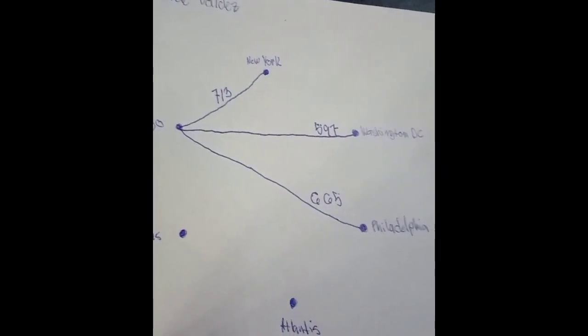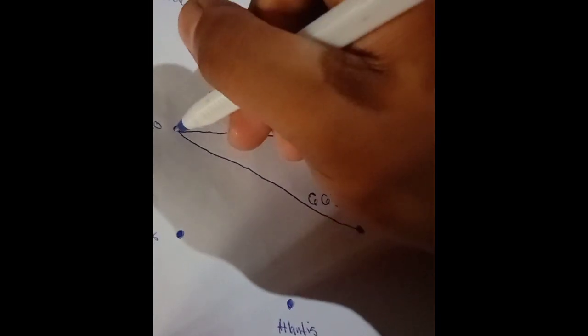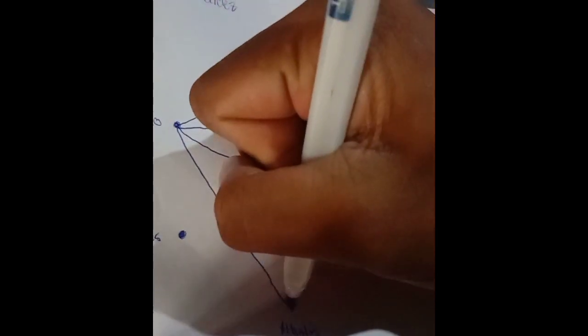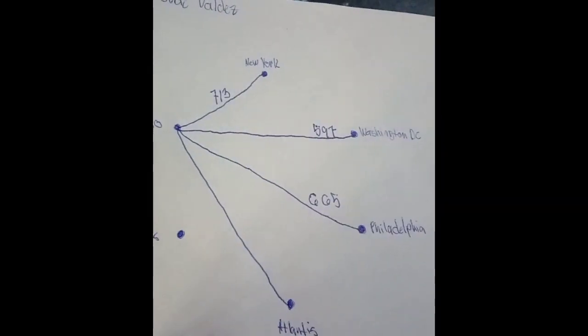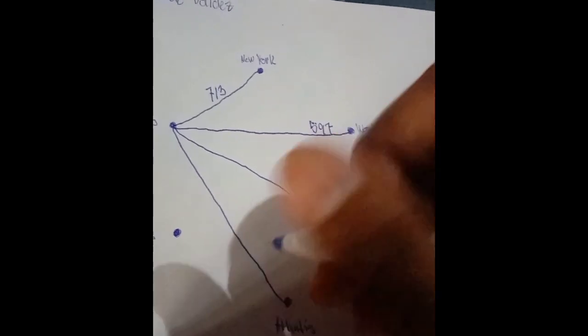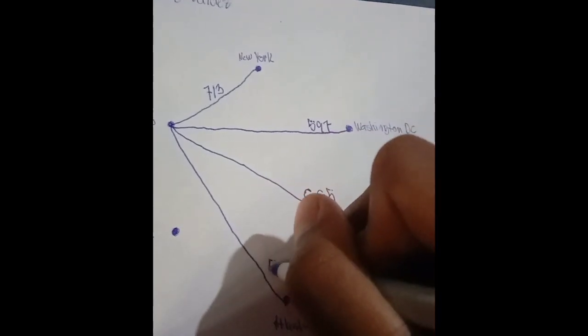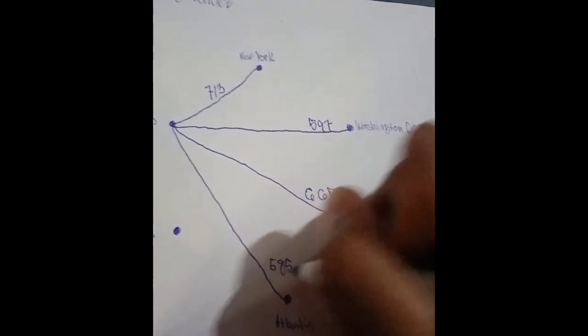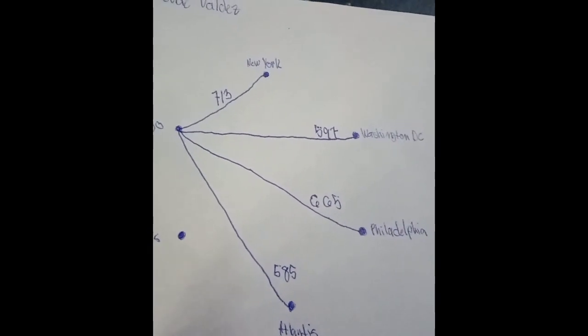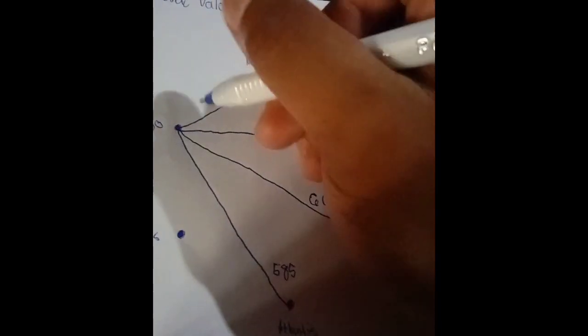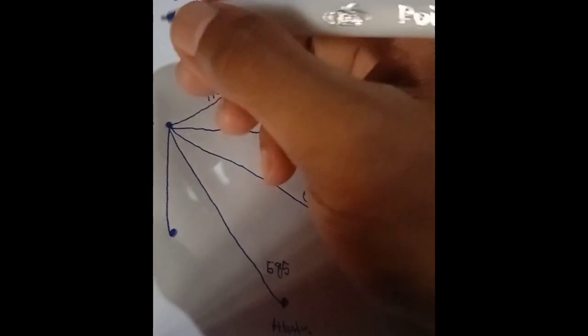And Chicago to Atlanta. Connect. That would be 585. And Chicago to Dallas. That would be 803.